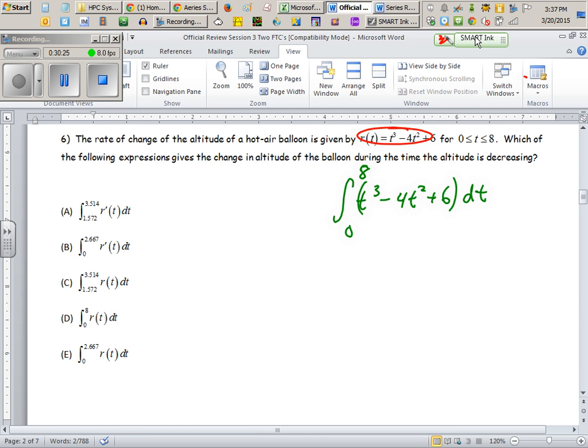Okay, so why don't we just make up a distance unit? Let's just say that this is measured in meters per second. That would be a great rate, right? Okay, so we're going to assume that this is meters per second and that this time is seconds. This is going to give us a change in meters. Is that what we want?